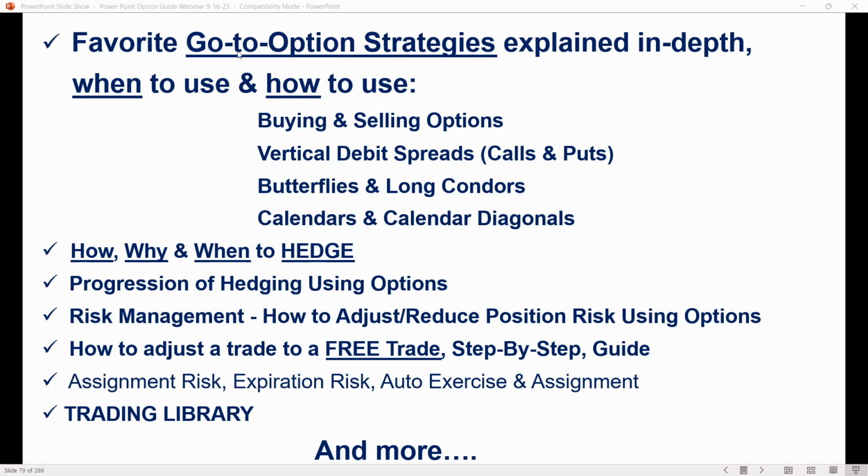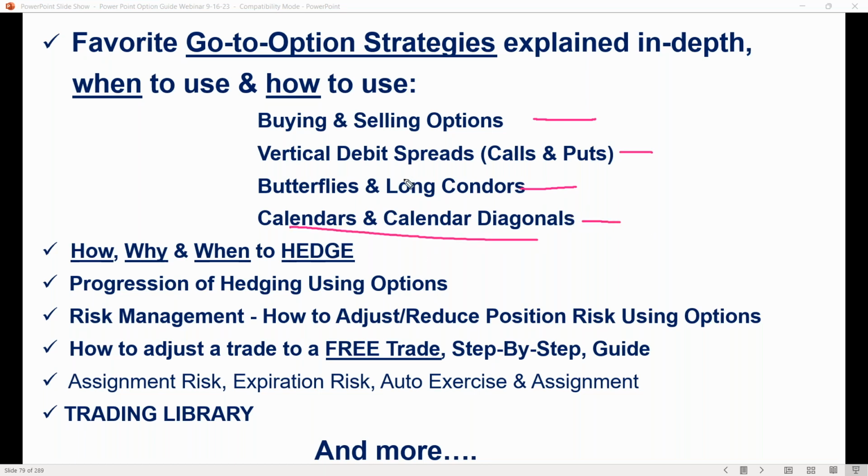Then we're going into the options strategy favorites, basically when and how to use buying and selling options: the vertical debit spread, calls or puts, butterflies, long condors, counter diagonals. These are my go-to option spreads that I use: long calls or puts, vertical debit spreads, butterflies, condors, counter diagonals.